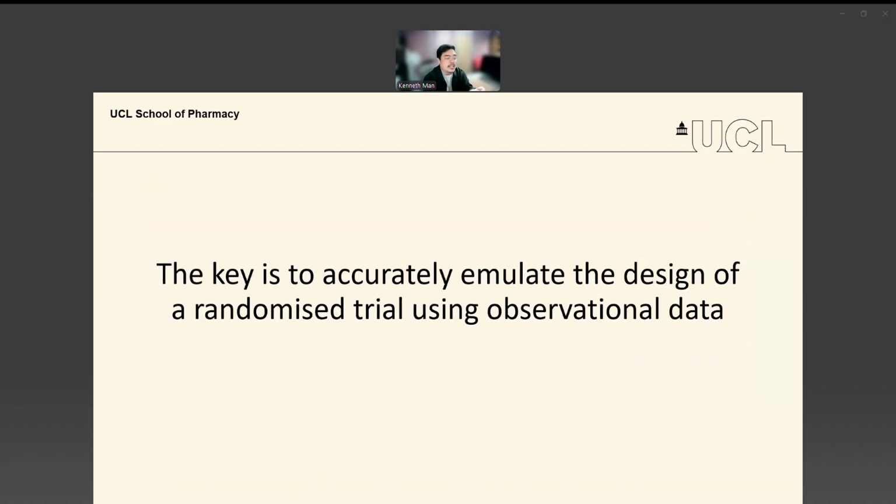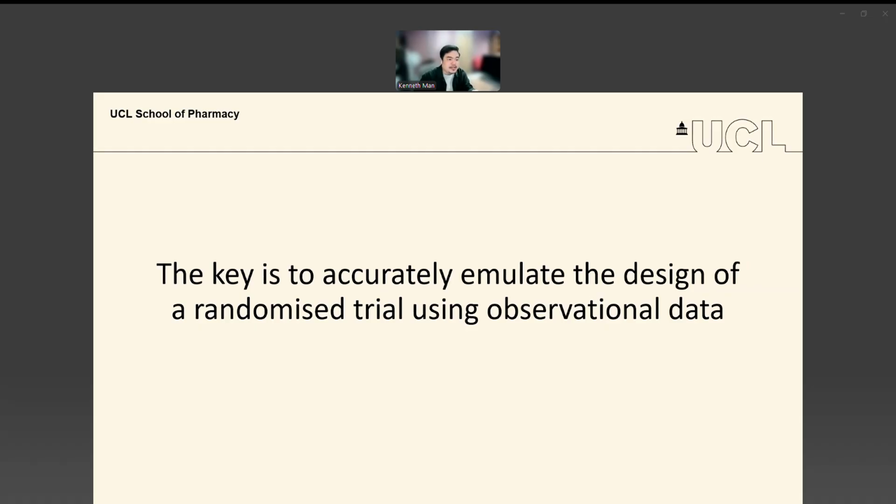Having said that, the key and perhaps the most important bit is to accurately emulate the design of a randomized trial using observational data. So in that sense, if we are able to get as close to the randomized trial as possible, we will probably be in a very safe place. So that's what we are aiming for.